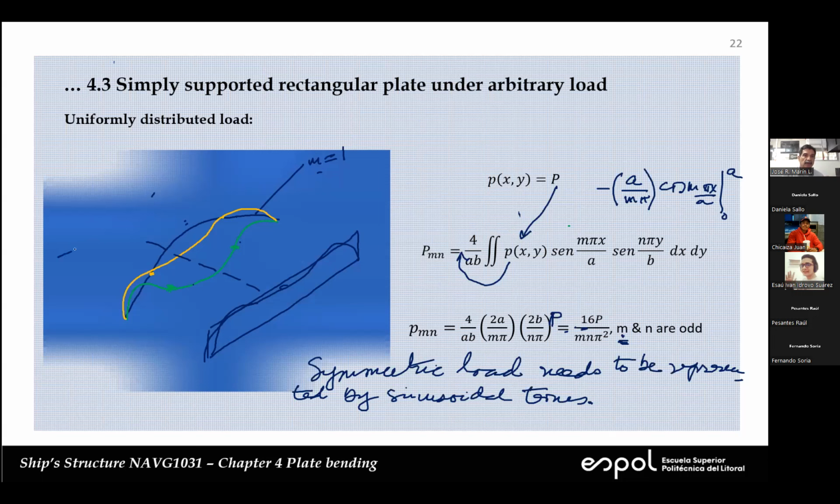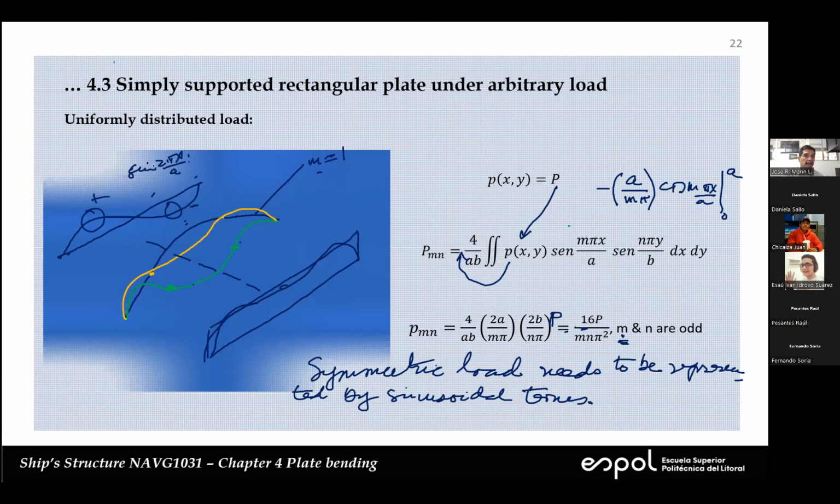Let's suppose that we draw cosine of 2 pi x over a. So we have to complete one full cycle. This is sine of 2 pi x over a. This is positive, and this is negative. So you integrate from here to here, and the result is 0.